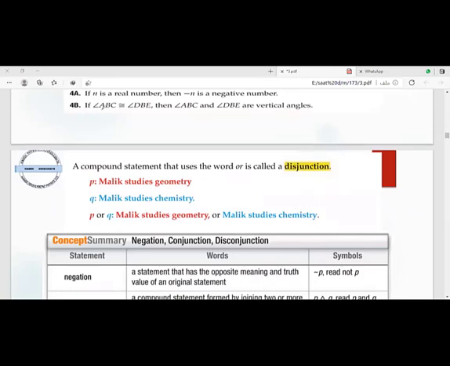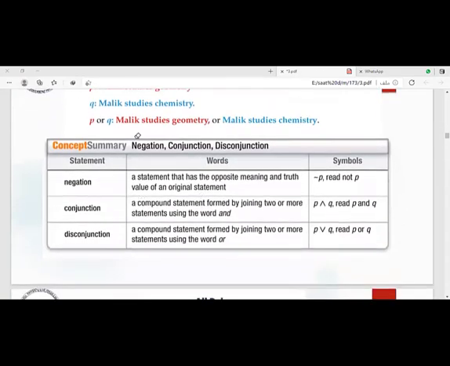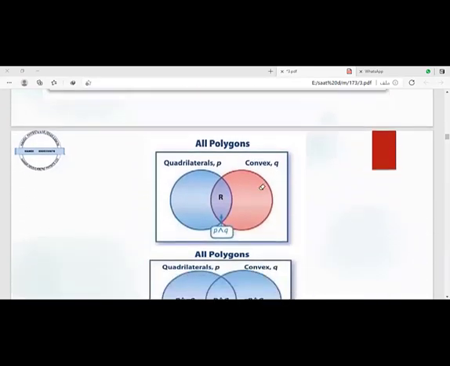With these two compound statements, we can make a negation by putting "not". This not P is the negation of P. Today is Sunday. Today is not Sunday. Conjunction and, disjunction or.